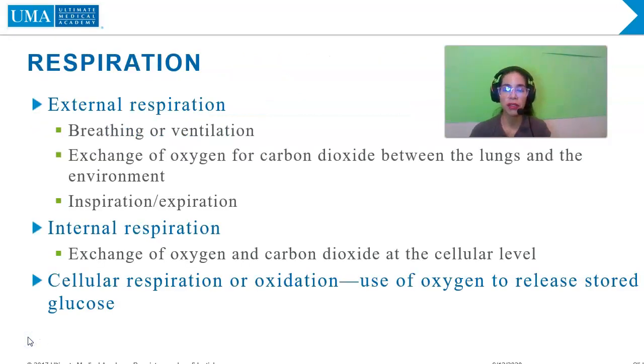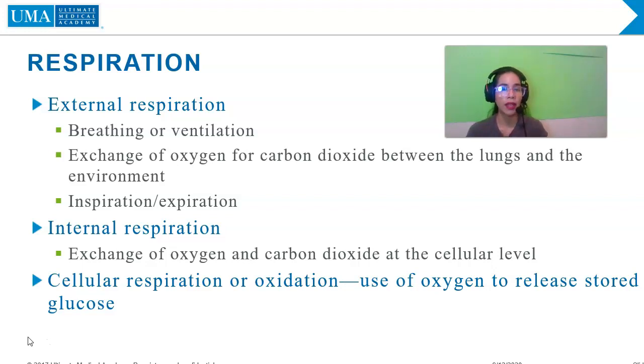Now, respiration is divided into external respiration, internal respiration, and cellular respiration. We will see further on in the lesson. So basically, external respiration is called breathing or ventilation. This has to do with the exchange of oxygen for carbon dioxide between the lungs and the environment.